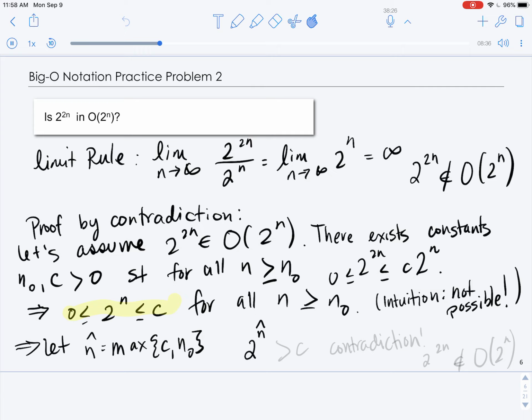But we see that n hat has to be either c or n naught. In either case, it has to be at least as big as c, and now we're raising 2 to that power. So it has to be at least 2 to the c, which is certainly bigger than c. So that is our contradiction, and 2 to the 2n is not in O of 2 to the n.